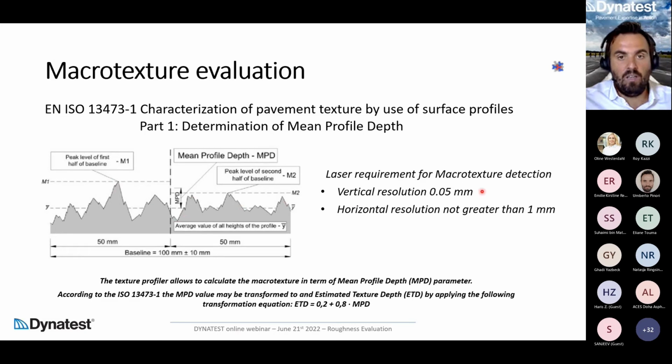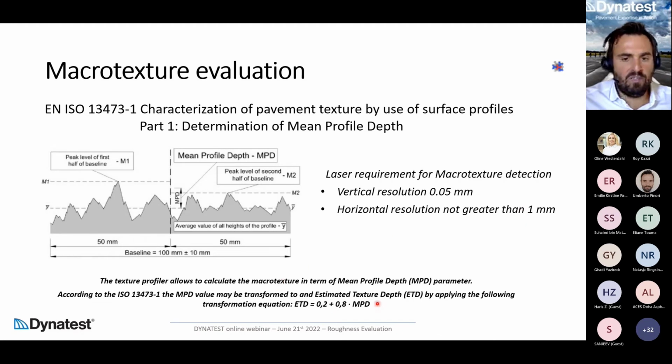Of course, the laser needs to be more precise than the one used just for roughness. So we need a vertical resolution of 0.05 millimeter and a horizontal resolution of 1 millimeter. It means that a higher number of points needs to be collected, and this needs a higher frequency laser.